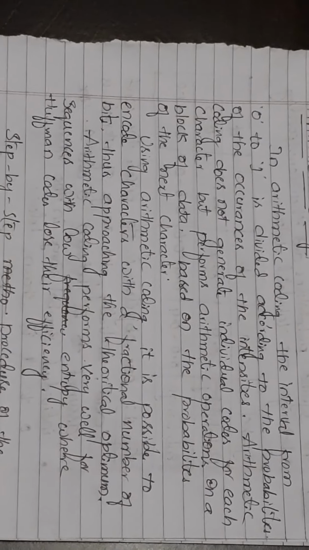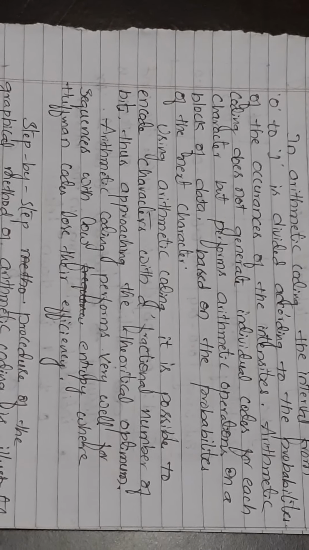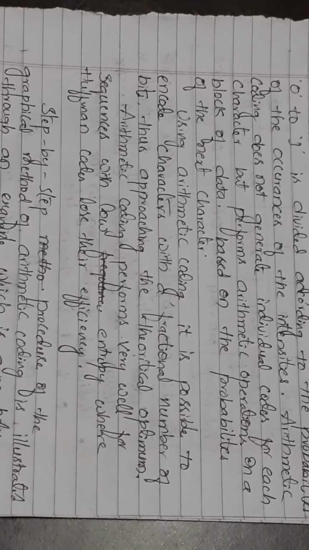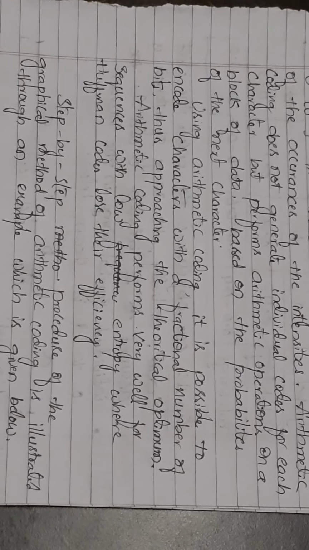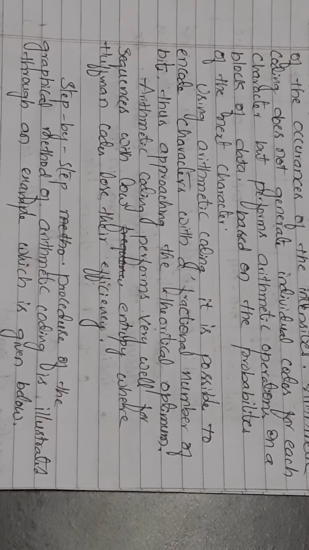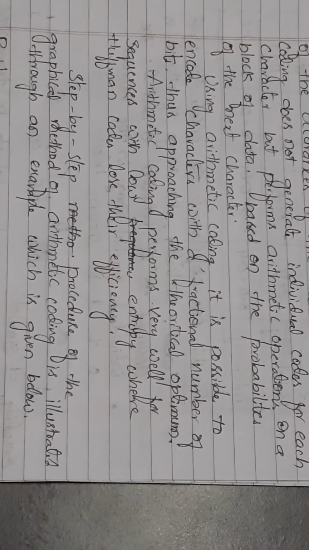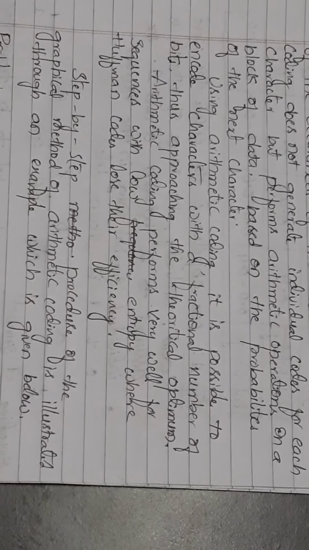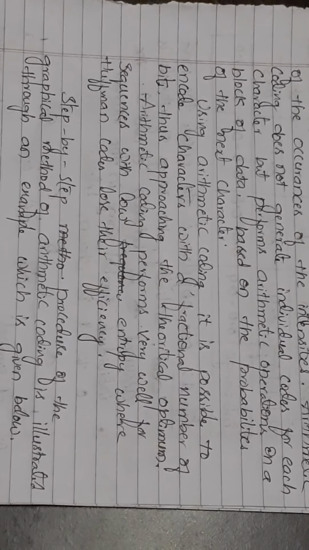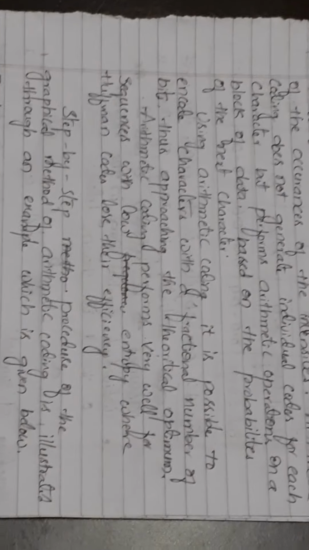So using arithmetic coding, it is possible to encode characters with a fractional number of bits, thus approaching the theoretical optimum. Compared with Huffman coding, arithmetic coding performs very well for sequences with low entropy, where Huffman codes lose their efficiency. We can calculate arithmetic coding encoding and decoding operations by using one example.